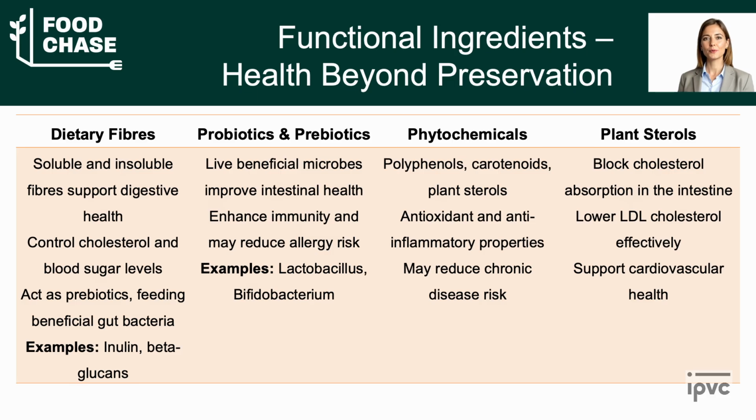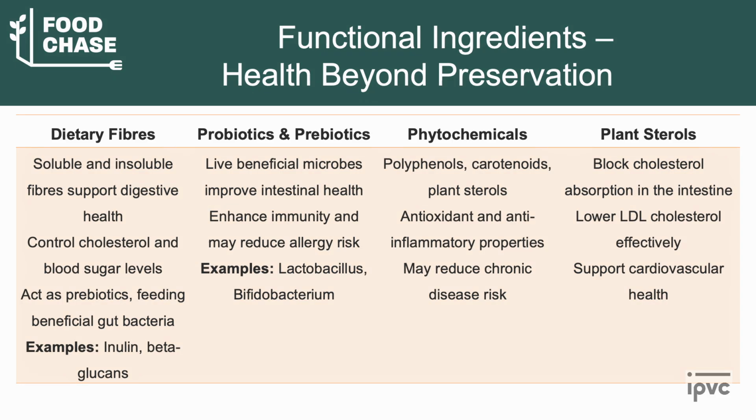Plant sterols are particularly exciting for cardiovascular health. They actively block cholesterol absorption in the intestine, providing a measurable health benefit when consumed regularly. These ingredients represent the convergence of food science and nutritional medicine. Food as functional medicine. Now let's talk about the real challenges food processors face.